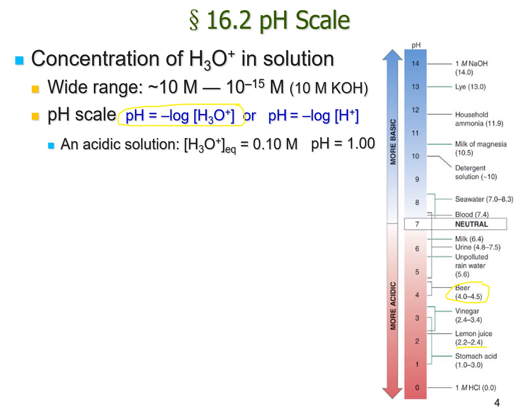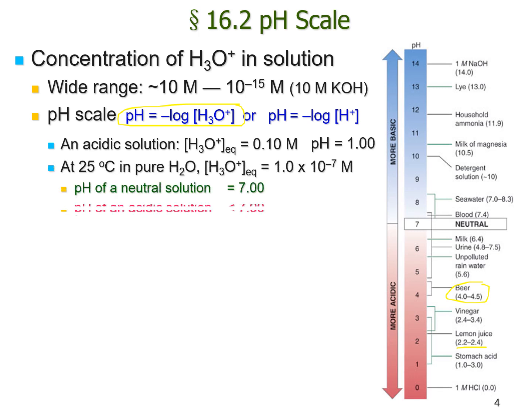So from this scale, we realize that for a neutral solution, pH is equal to 7. Why? Because at 25 degrees for water, the concentration of hydronium is 1.0 times 10 to the negative 7, the same as that of hydroxide, as we know.